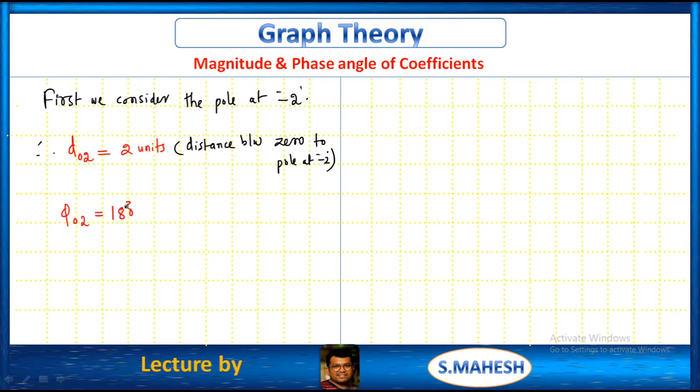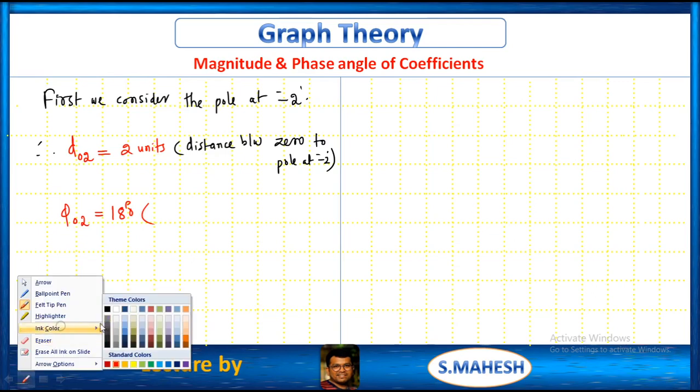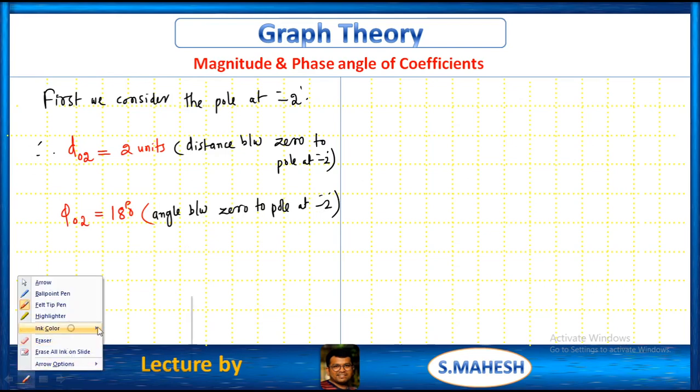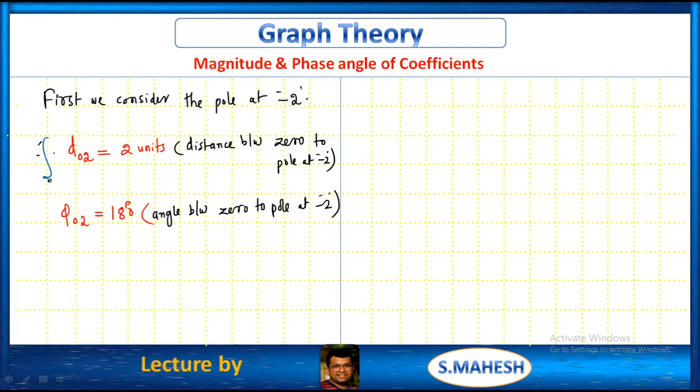This is the phase angle between 0 and the pole at minus 2. So this first part is completed, from 0 to minus 2.